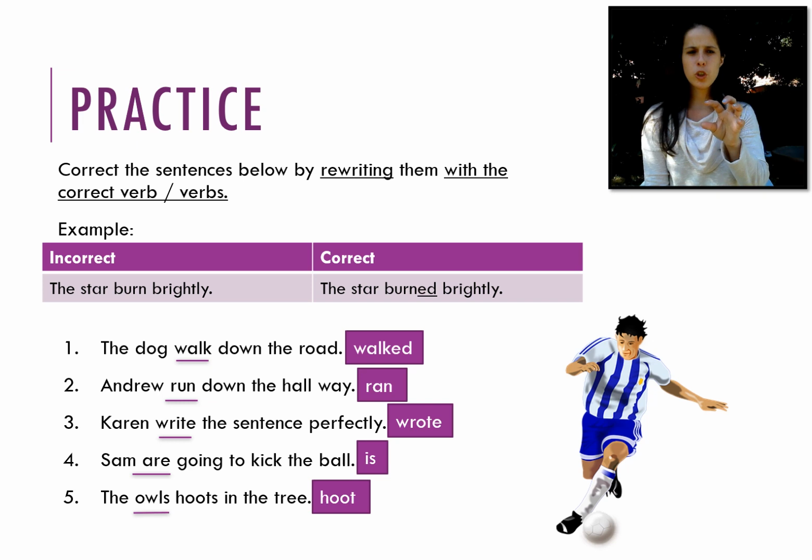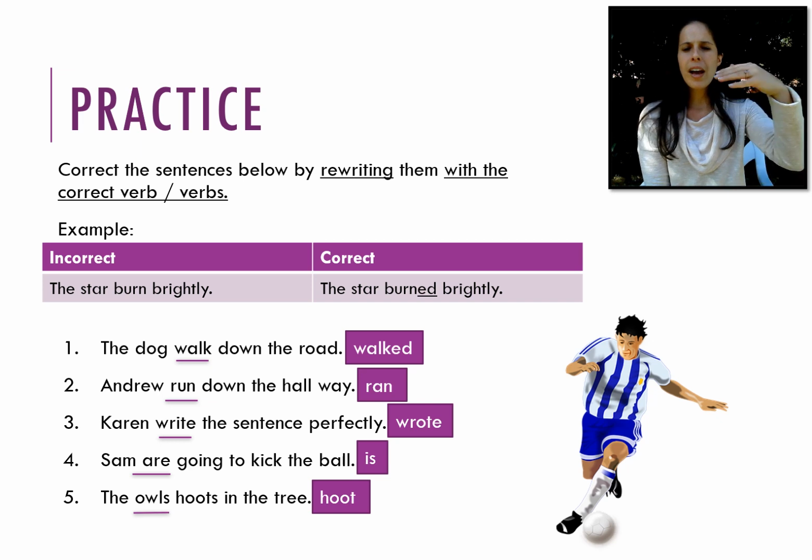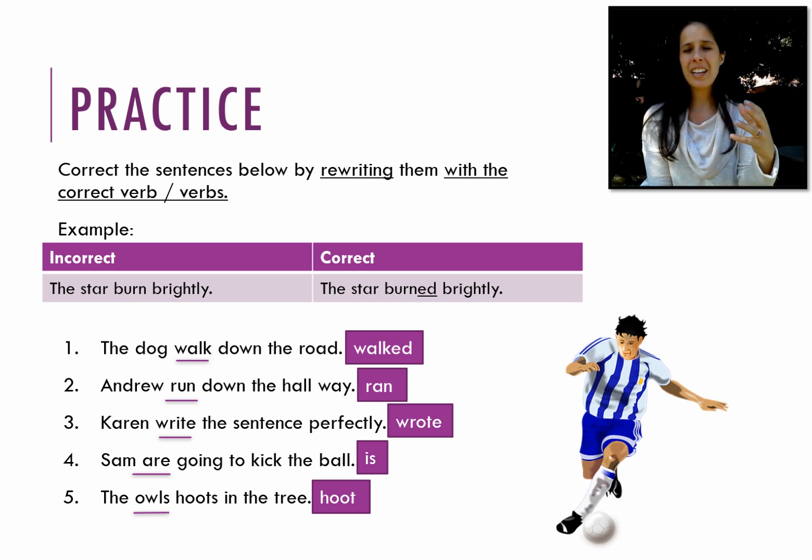So we didn't use our S rules in all of those, only really the last one where we saw owls was plural. So we had to take away the S in the verb. With our other ones, we've either changed them or we've changed certain letters or added on an ED. That's still fine.